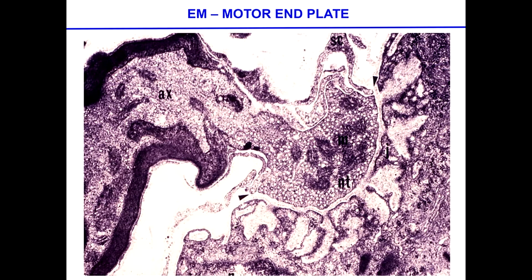This is now a motor end plate being looked at from the EM perspective. This is the axon that's coming. This is the structure of the presynaptic portion of the synapse.